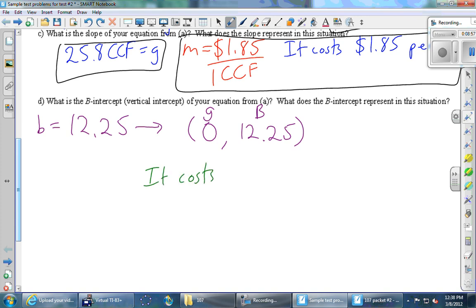So it costs $12.25 for 0 CCF. And if you wanted to say something slightly different, you could say $12.25 is maybe the service charge. You pay that no matter what, and then you pay your $1.85 per CCF once you've already paid your service charge.